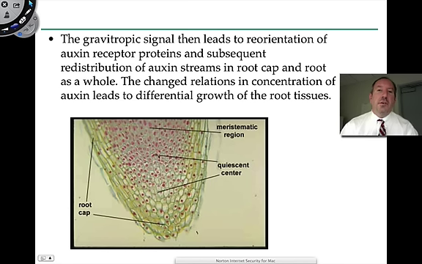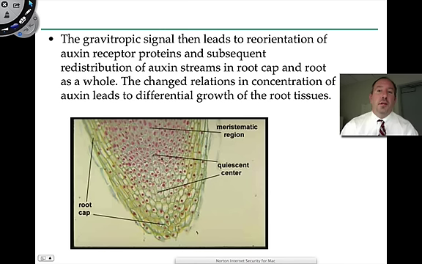Now, the complexity of this is pretty advanced, but I'll just toss it out there and see what you think of it. It pushes down on the cell membrane, and that affects a signal transduction mechanism within the cell.